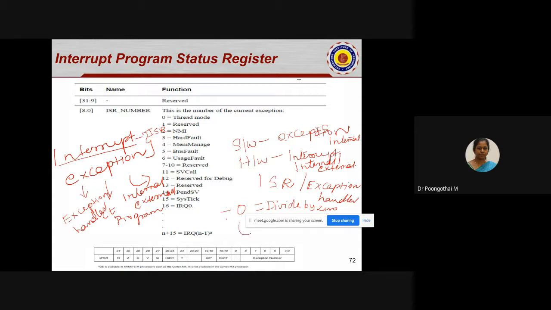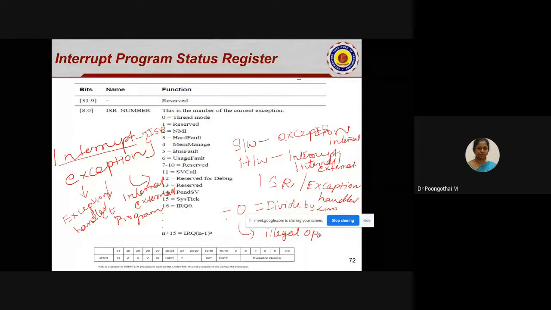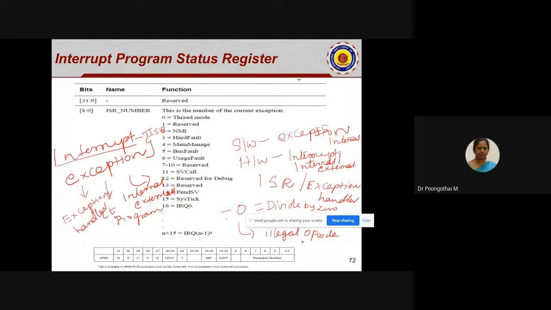Also, if your program fetches illegal opcodes, that is, your opcode is not correct, in that case an exception will be generated. So exception means it is a software related interrupt, which will indicate software faults.